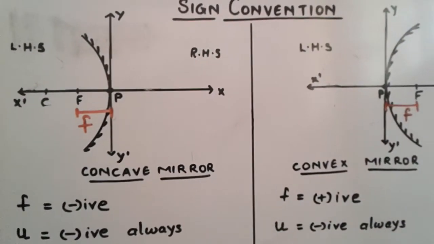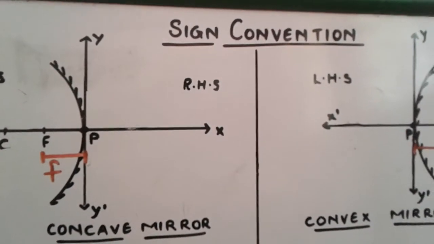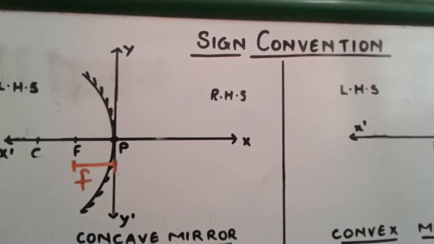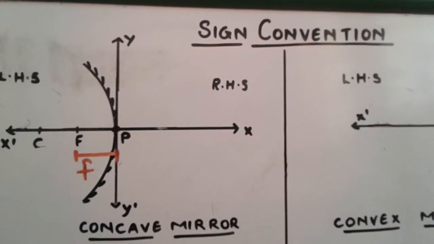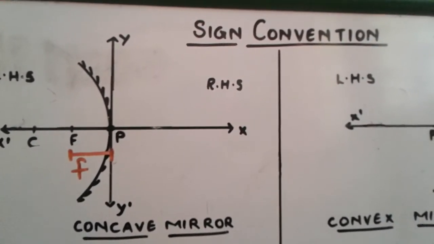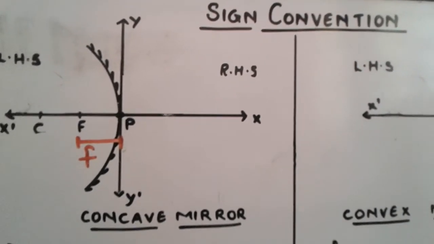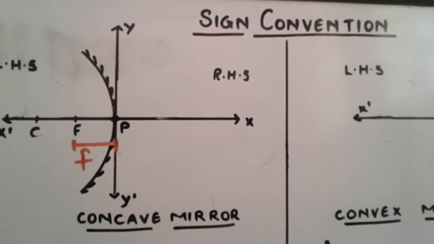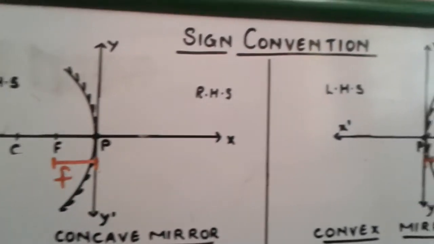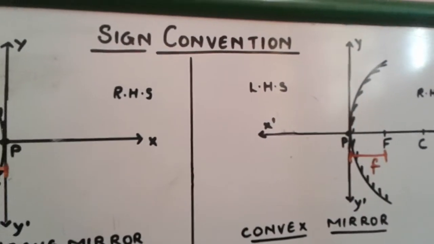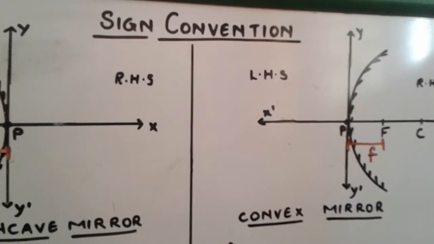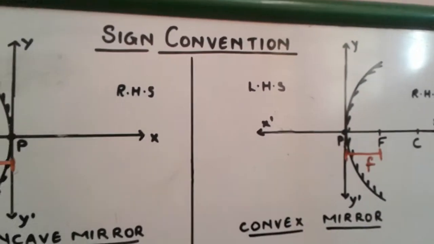The next is the focal length. You can see the value of f for the concave mirror is the distance between the principal focus, capital F, and capital P, the pole. The distance measured between these 2 points is known as the focal length, which is represented by small f. Similarly, for the convex mirror also, the distance between P and F is taken as the focal length.